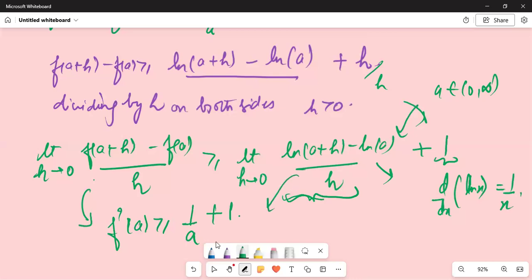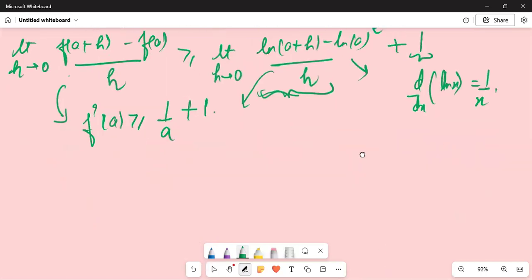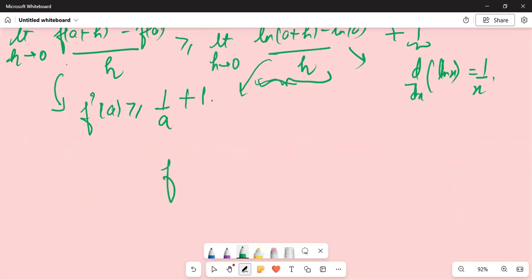So you get 1 by a. But this just gave you that f prime a is greater than or equal to 1 by a plus 1. But it is not giving you the actual value of the derivative of the function at the point a.